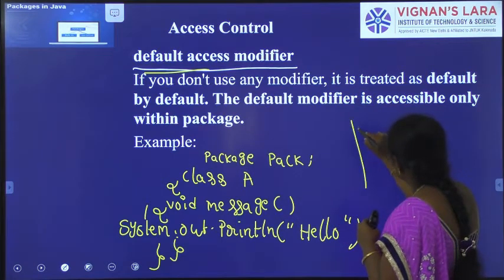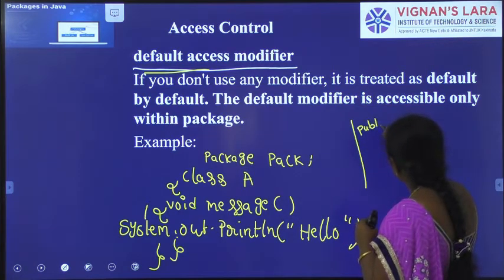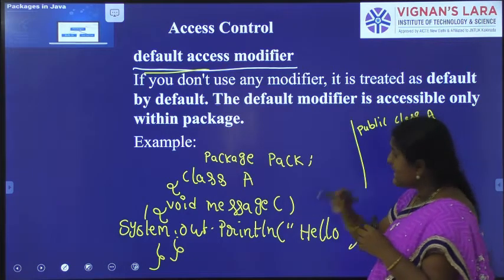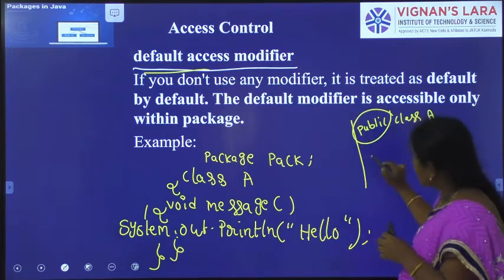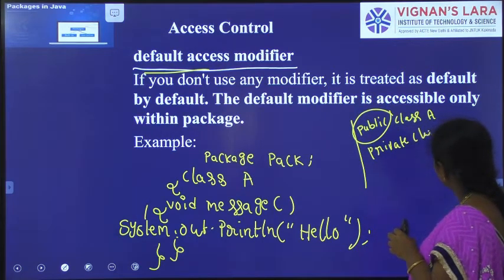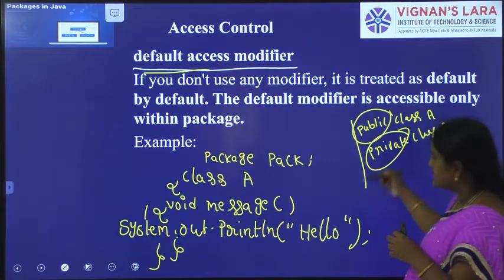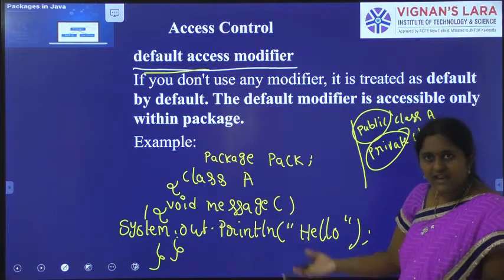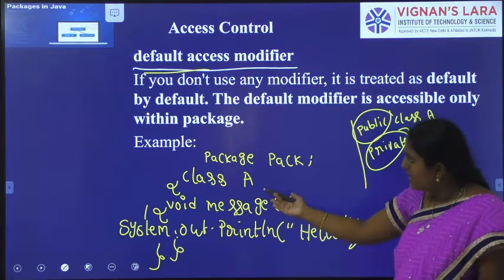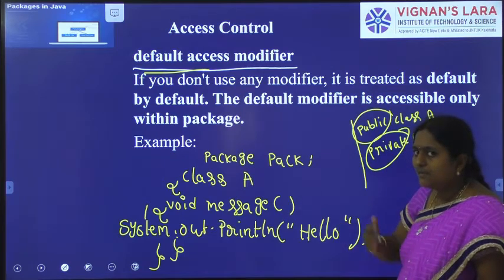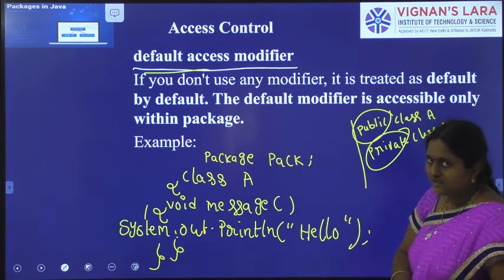Suppose I write public class A. The compiler understands it is a public access specifier. Suppose I write private class A. It is a private access specifier. But here I am not specifying any access specifier, so by default it will be treated as a default access specifier.